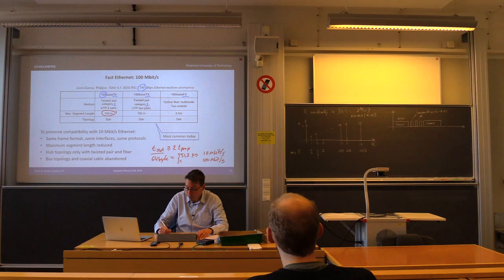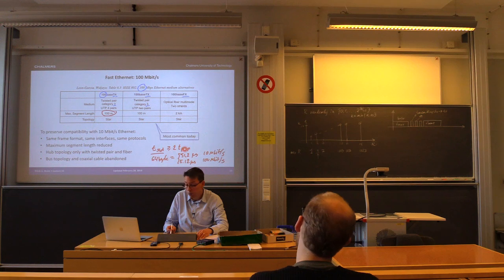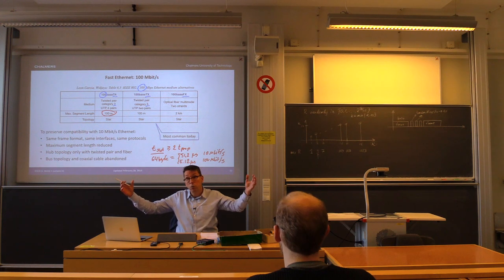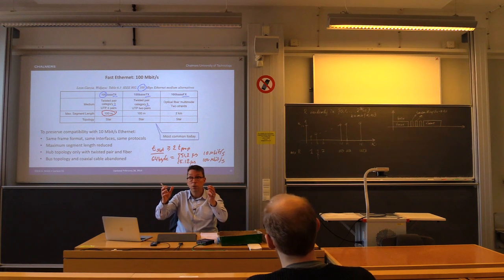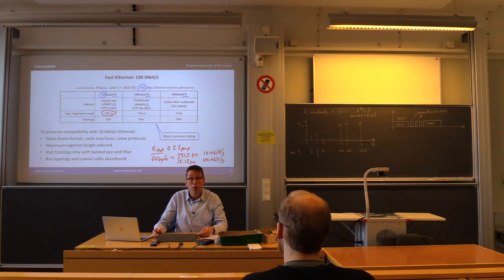Okay, so it's 5.12 microseconds. But we still want this slot to be larger than 2 times the propagation time, otherwise things will break. So what do we do? Well, we change the propagation time by limiting the length of the segment. You reduce the size of it, same propagation speed, so therefore lower propagation time. Okay? So that was the fix here.